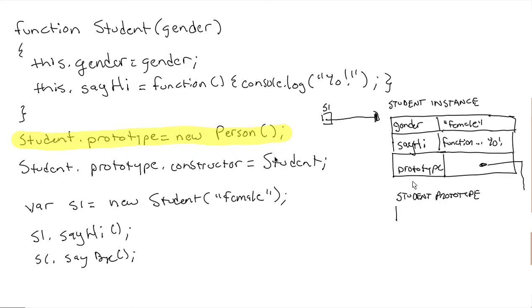Since it's a sort of pseudo person instance that becomes a student prototype, we're going to have everything that should be in a person instance. If you recall, a person instance has a gender, but in this case we're not setting it because we did a new Person without any arguments. So this is undefined.